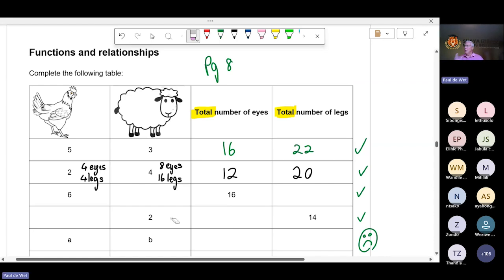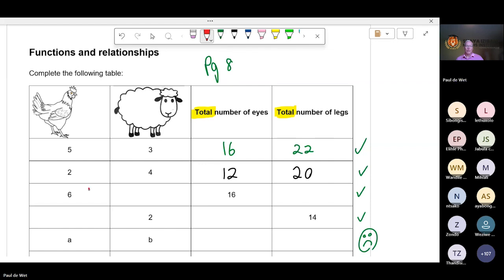Okay, so guys, what we've got to do now, we've got to think, and maths is all about thinking. It's about using our brains, okay? I'm seeing lots of wrong answers. I'm seeing some right answers as well. Yeah, well done, Zondo. Absolutely. We need to undo what's happening. Okay, let's just think about if there are 16 eyes all together, how many of those eyes are on the hens here? There's 12 eyes.